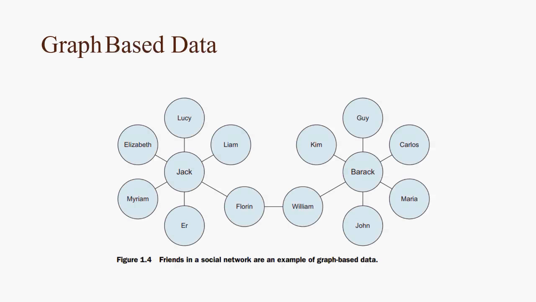Next comes the graph-based network, where a social network is the best example for graph-based data. So here you can take a look on the screen. There are two people here, Jack and Barack. Jack and Barack are two different people, where they have a set of friends. Jack has his own circle of friends, and Barack has his own circle of friends.